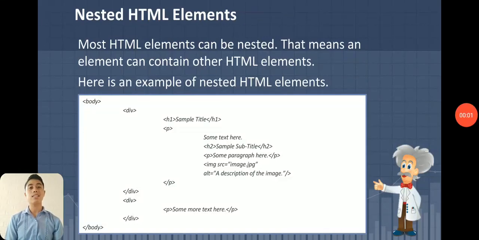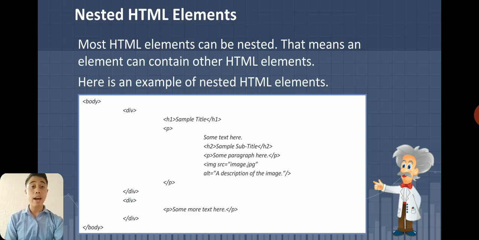So those are some exceptions. And now let's discuss some nested HTML elements. Most HTML elements can be nested. That means an element can contain other HTML elements. So here is an example of a nested HTML element. As you can see on the screen, we have the body enclosed by an angle bracket. Next is the div and header 1, sample title, closing header 1, then paragraph, some text here, h2 sample subtitle, closing h2.